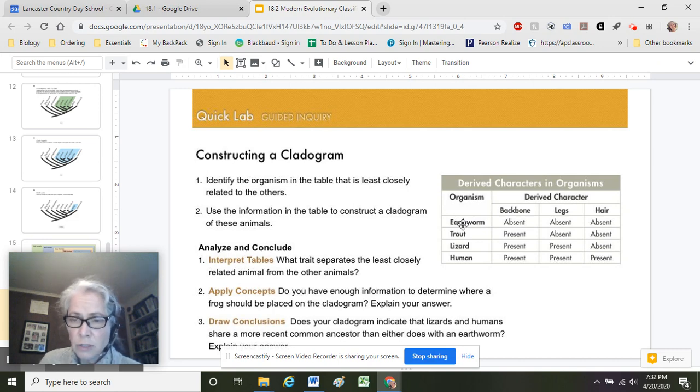As you do this, I want you to be careful. It doesn't count if the trait is missing. It only counts if the trait is present. And so what you want to do is group the animals together that have the most traits present in common. All right? Draw a phylogeny and send it to me by email when you've viewed this.